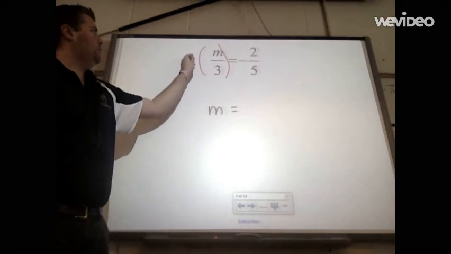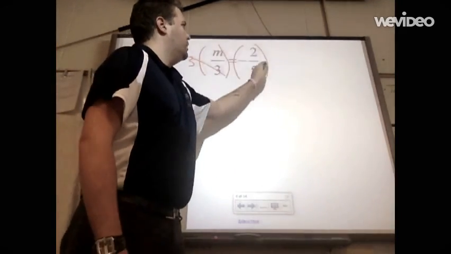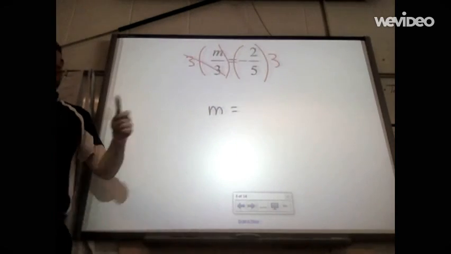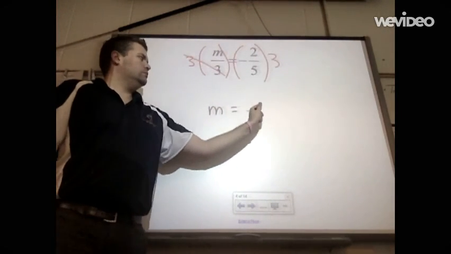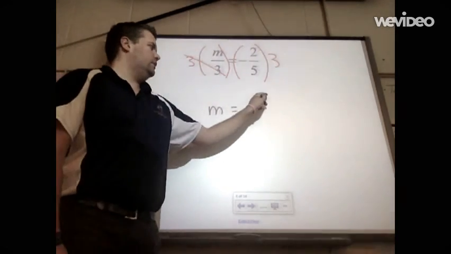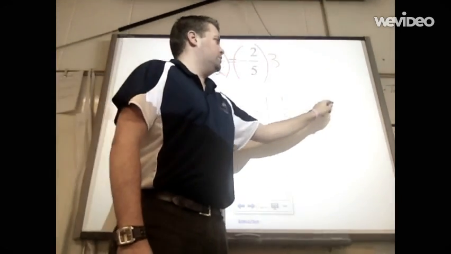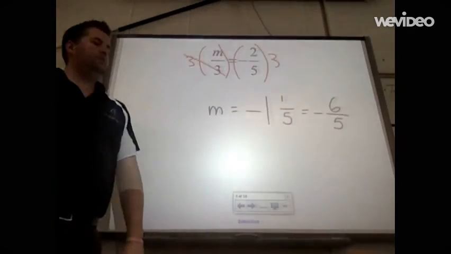So multiply the left by 3. That cancels. You multiply this side by 3. And you'll get your answer. So negative number by positive number. Your calculator is going to say negative 1 and 1/5, which means the same as negative 6 over 5.